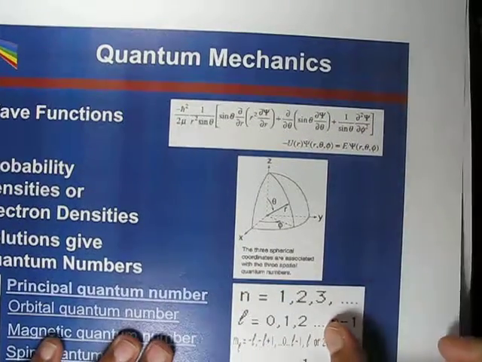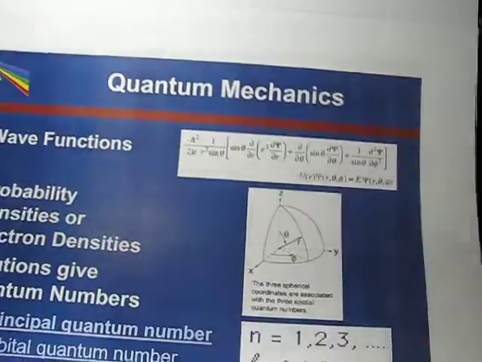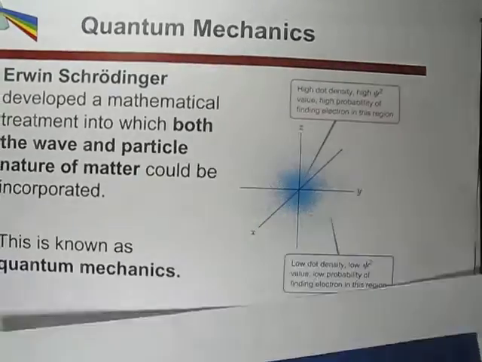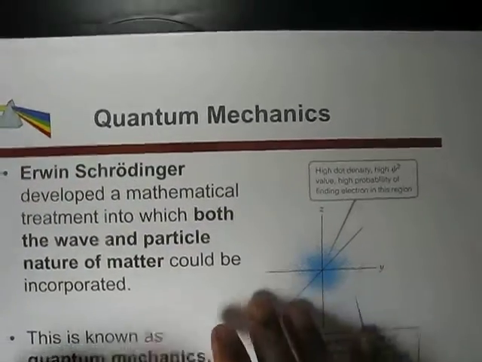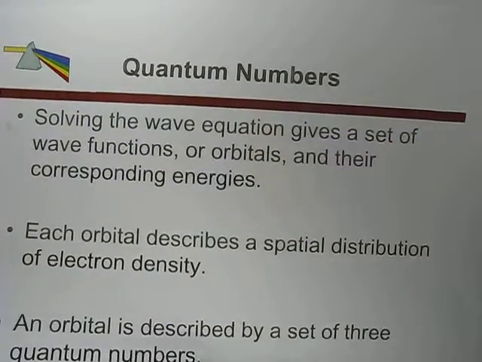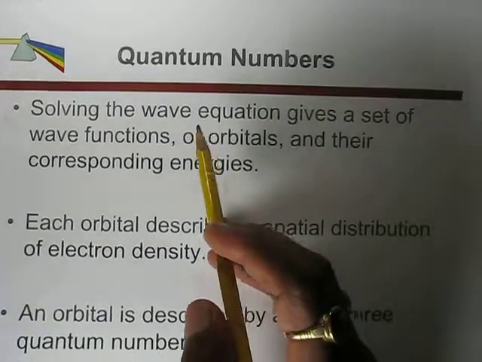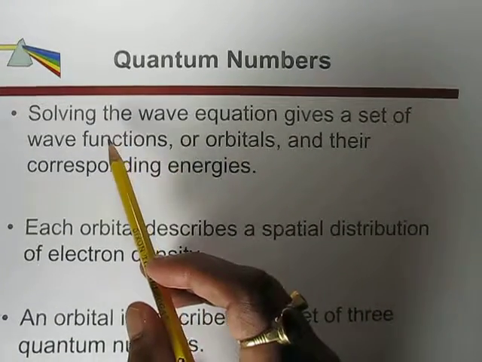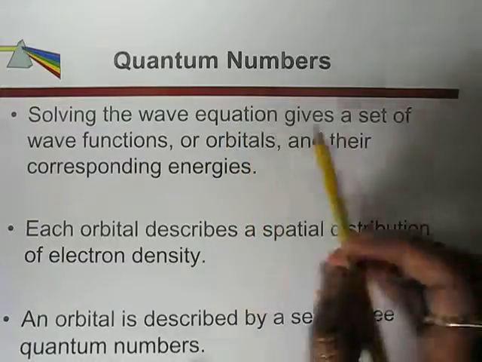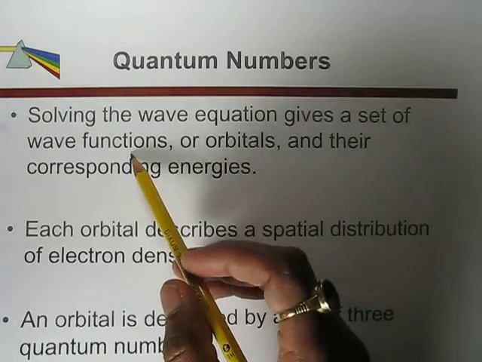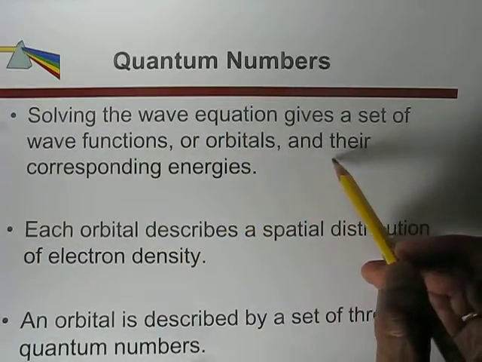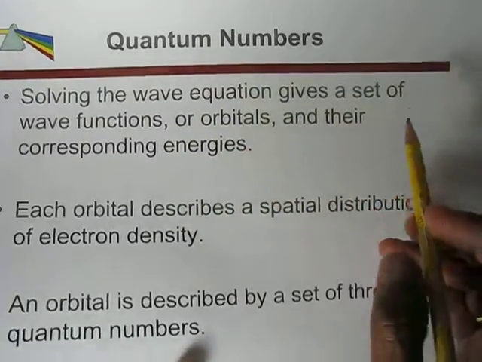So let's see in detail about these quantum numbers, and this is a very important part of this chapter, which is quantum mechanics and quantum numbers. When we solve this Schrödinger wave equation, we get a set of wave functions or orbitals and their corresponding energies.